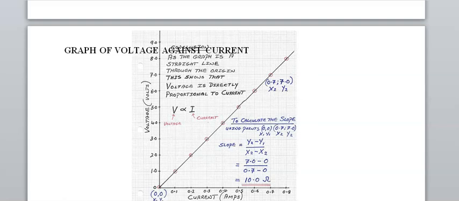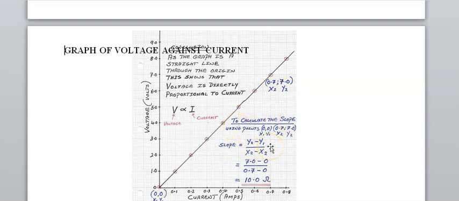Here's the exact same graph again, but this time I've marked 2 points on it: 0, 0, and 0.7, 7.0. I called 0, 0, x1 and y1. I called this x2 and y2. And I wrote down that I was calculating the slope. I wrote down the slope formula.